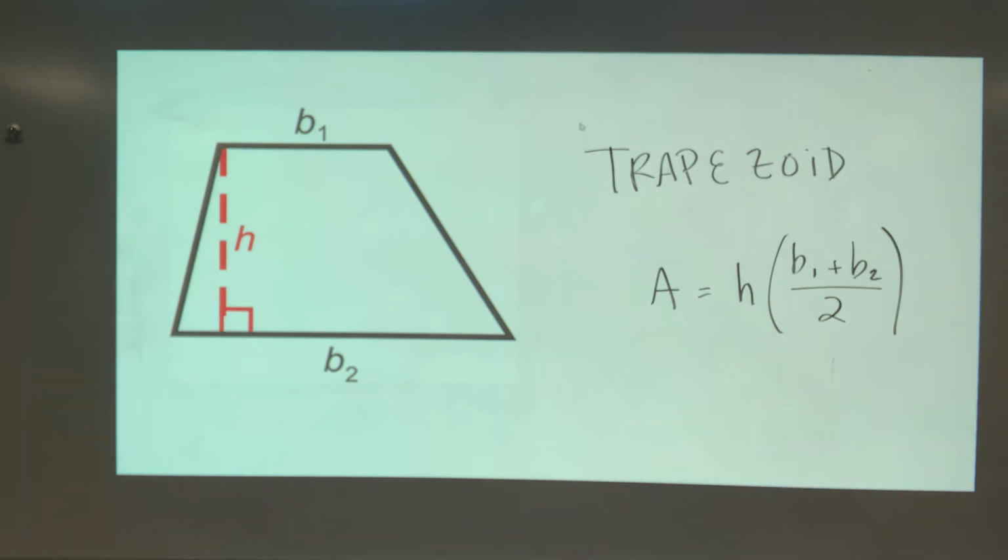Again, when you're looking at that, it looks similar to the midpoint formula. Remember in the midpoint formula, we took those coordinates and we averaged them out. Kind of the same thing we're doing here. We're averaging out the bases on my trapezoid, all right? So that's why I add them together, divide by 2, and then multiply by the height.